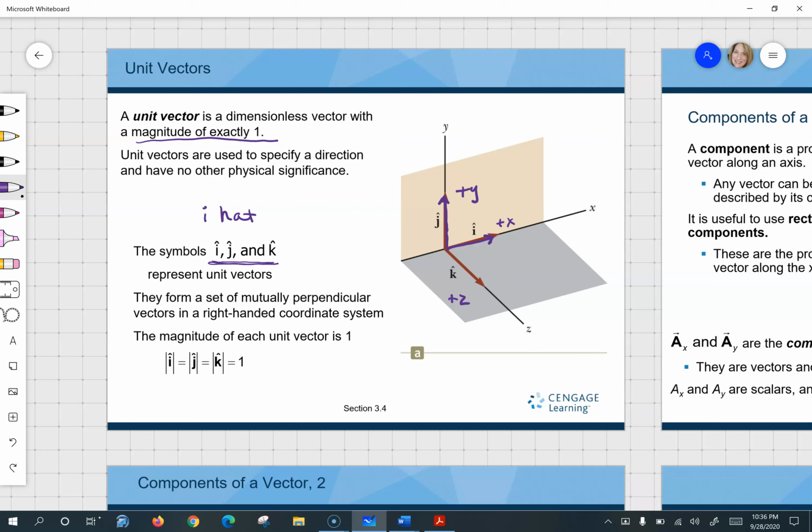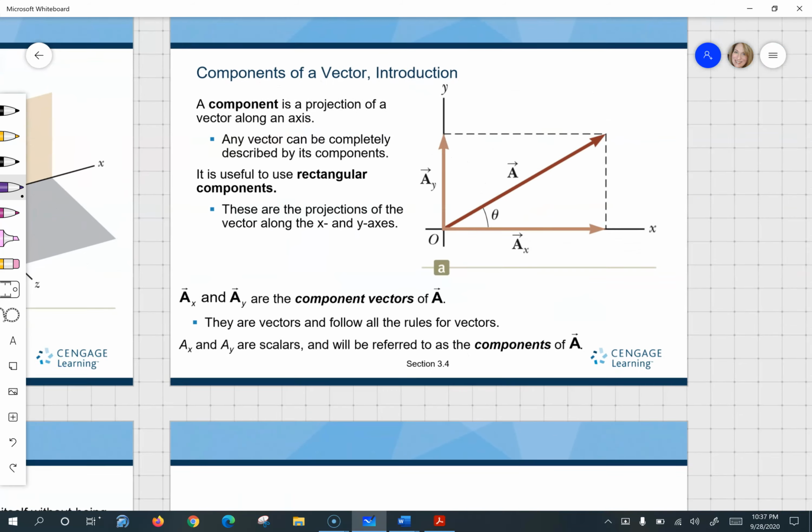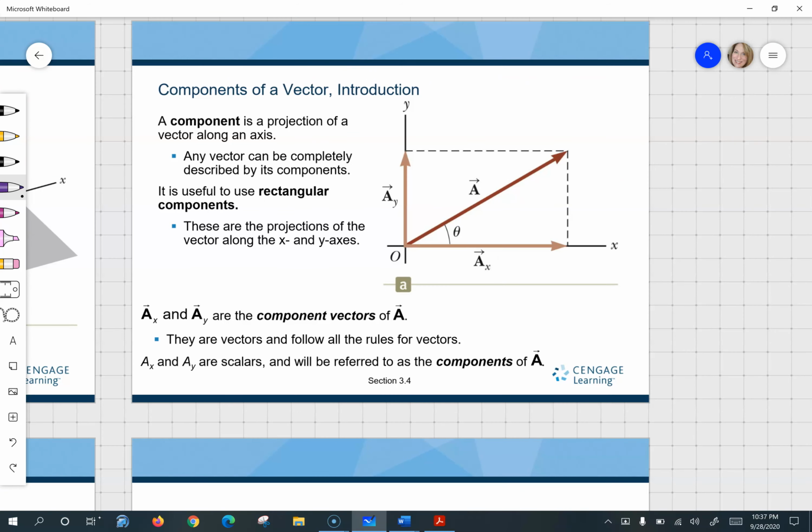The magnitude of each one of them is 1. So ultimately, why we use it is just to specify the direction of your components. There's no real physical significance to it. So let's see what that means. Here we go. We have vector A. Here is my x component, and you might see your y component drawn over here.